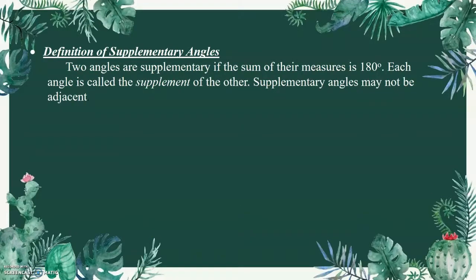Definition of supplementary angles. Now, two angles are supplementary if their sum measures 180 degrees. So each angle is the supplement of the other. Supplementary angles may not be adjacent. Alright?